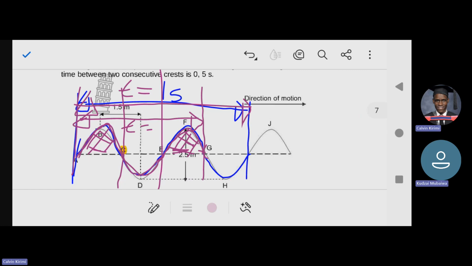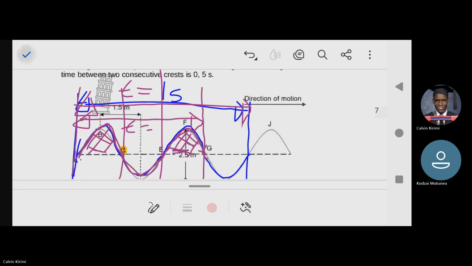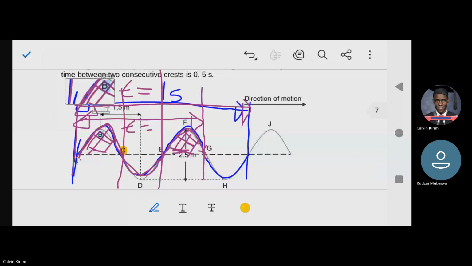To move this crest, only 1 crest, just move from here to there, the red line. I have moved.